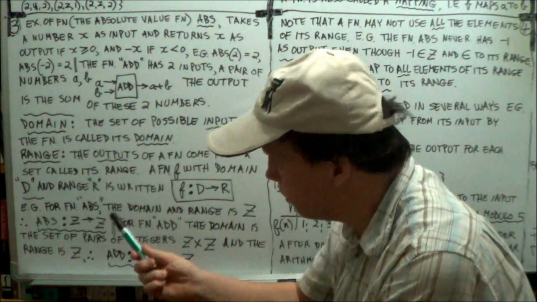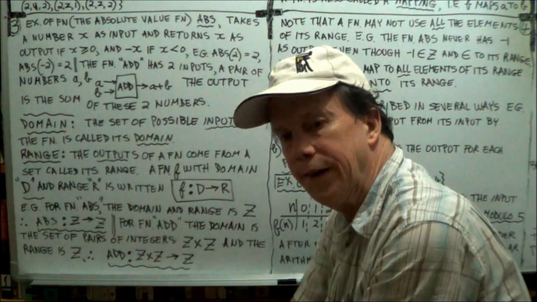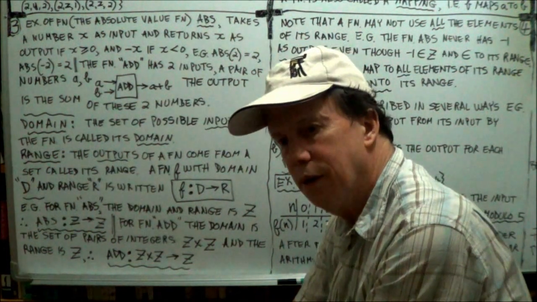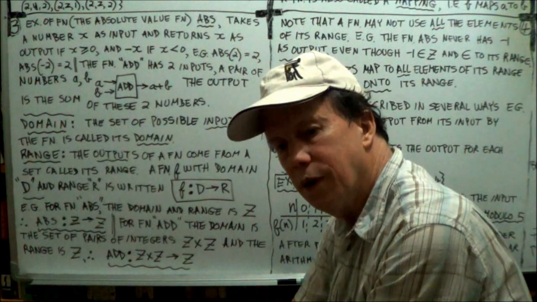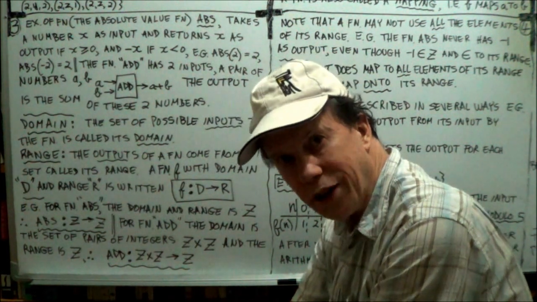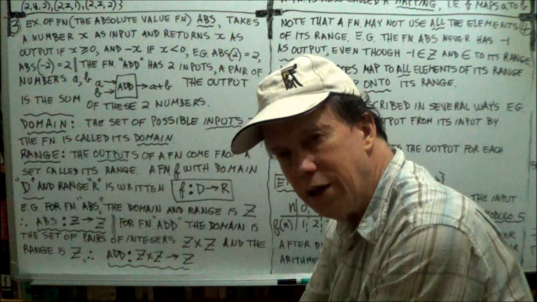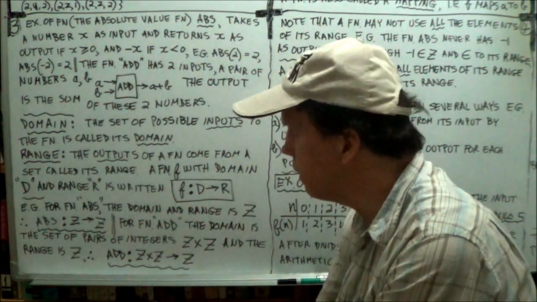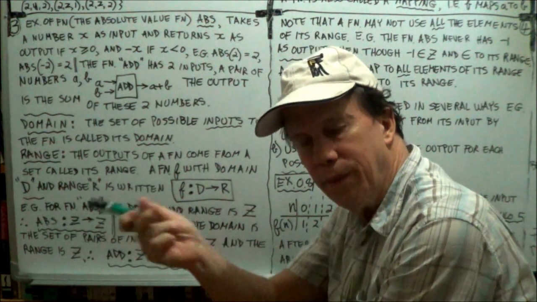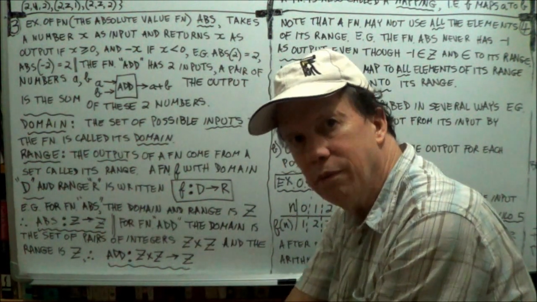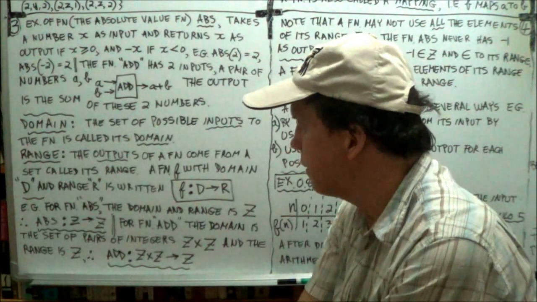Well, we have two inputs. So let's say the inputs are elements of a Cartesian product, okay? A comma B, where A is one input number and B is the second input number, okay? A and B.